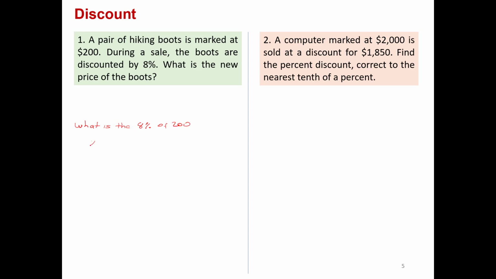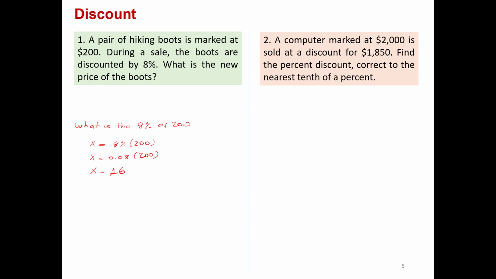And what is 8% of 200? 0.08 times 200, and x equals 16.